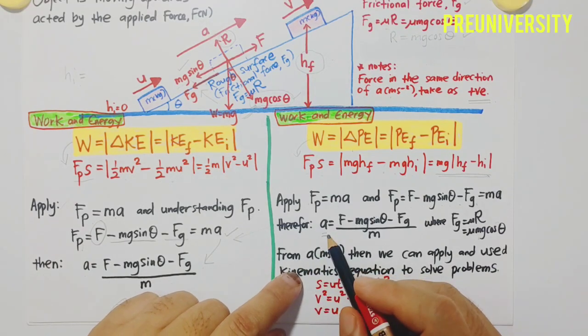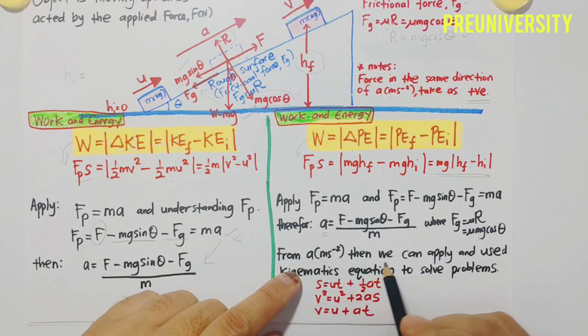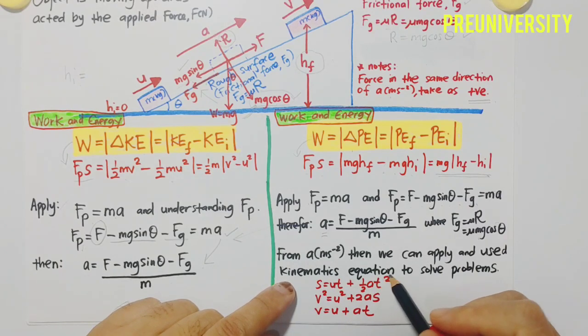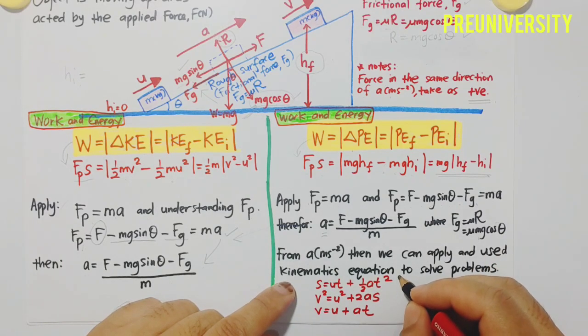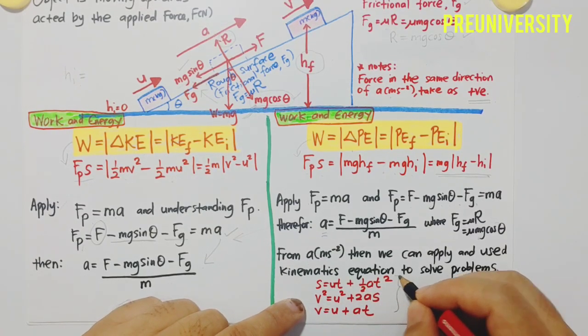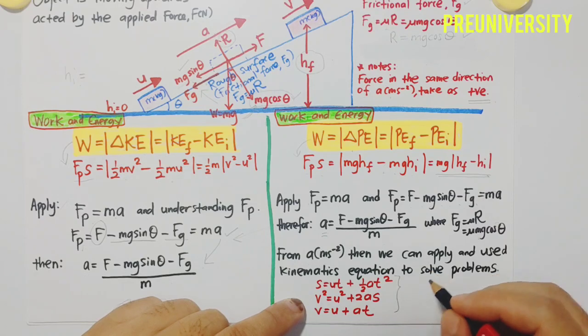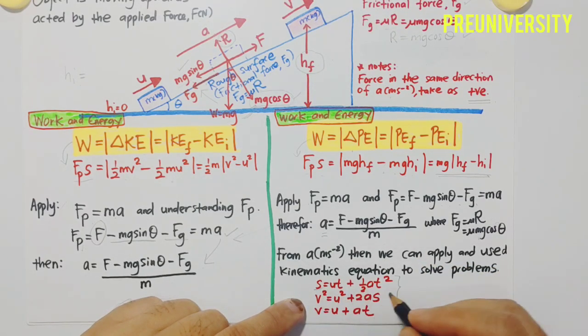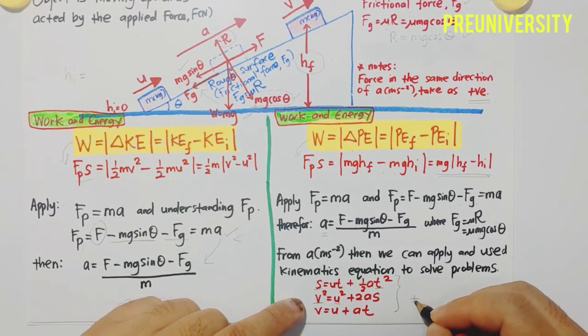After we get the value of a, we can use the kinematic equations to solve the problems. We can choose the best one depending on the question, to find either the displacement s, the time taken, the final velocity or the initial velocity.